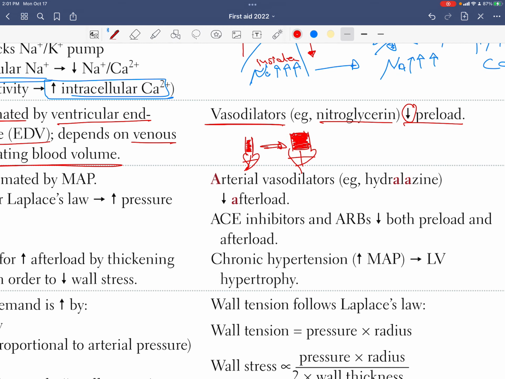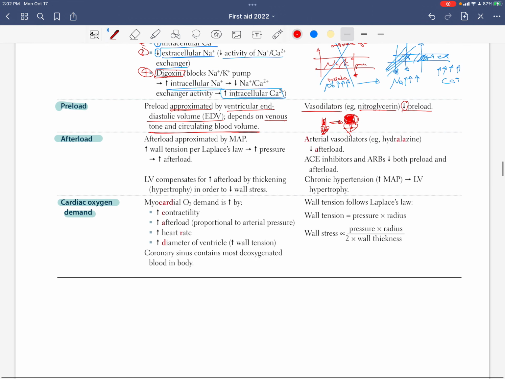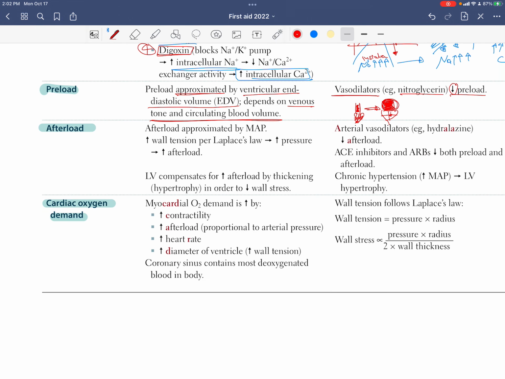So after vasodilation, the vessel would contain more blood, so it would act kind of as a storage for that blood. That means less blood into the heart, but here more blood into the heart, because it's the same exact amount of blood, but here it would be stored in the vessel rather than the heart.